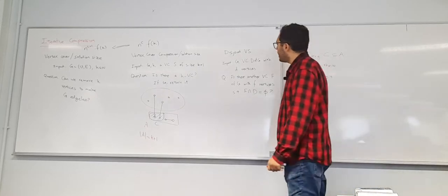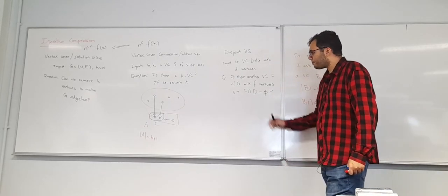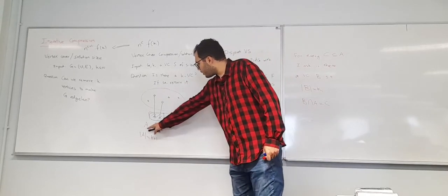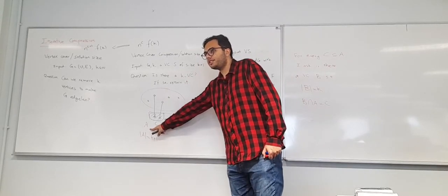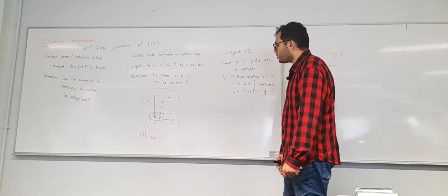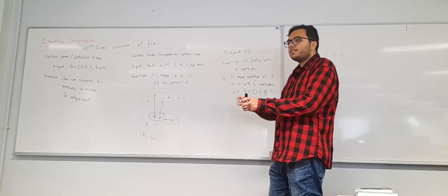Okay. Again, how did we get here? We got here from the compression. So we said we have a vertex cover of size k plus 1, which is A. We want to find a vertex cover of size k. We just try every possibility for their intersection.